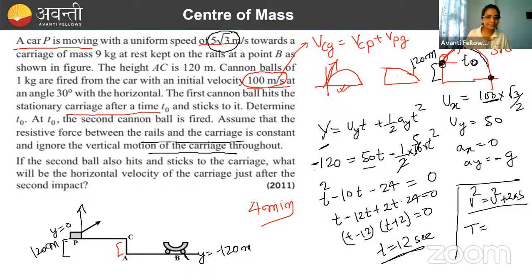If the second ball also hits and sticks to the carriage, what will be the horizontal velocity of the carriage just after the second impact? So after second impact, what is going to be the velocity of this B? That is our question.